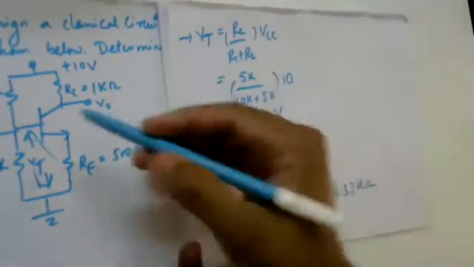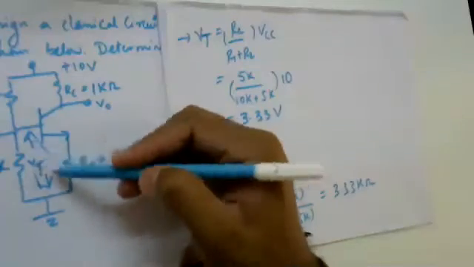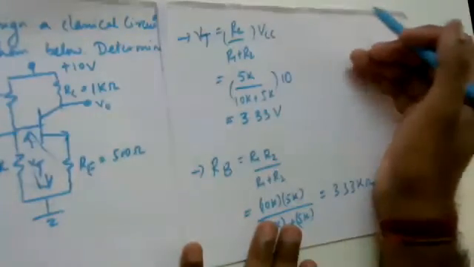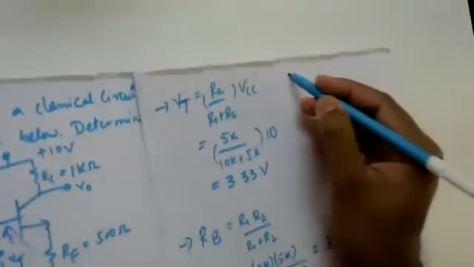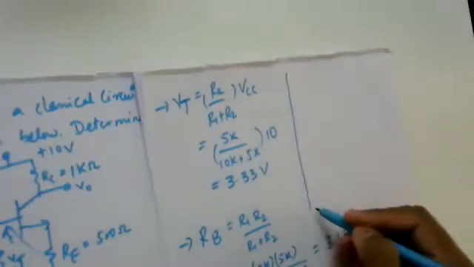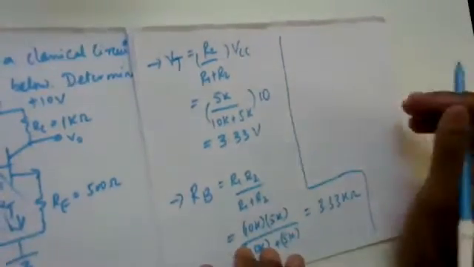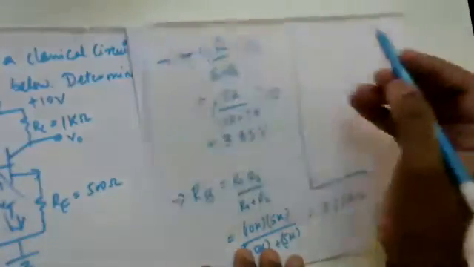To compute the base current, either you can solve the numerical by applying the KVL to the input loop, or you can use the equation directly, which is known to us. That equation is also obtained by applying KVL at the input side itself, so both are one and the same.